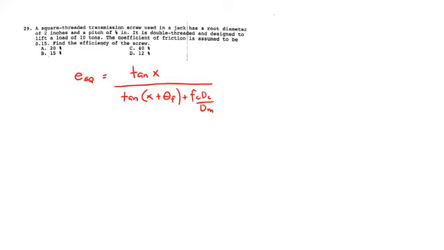So of course, let's first get x. The tangent of x is equal to L over pi Dm, where L is the number of threads times the pitch. So first let's get the mean diameter.